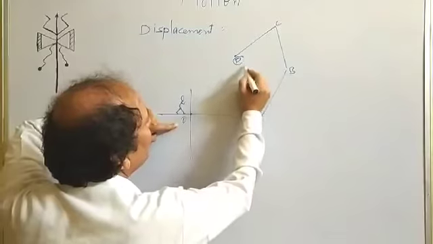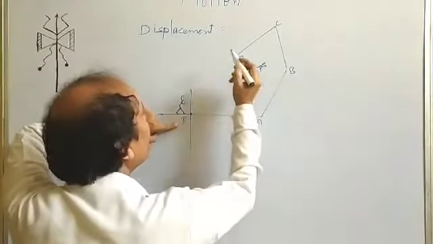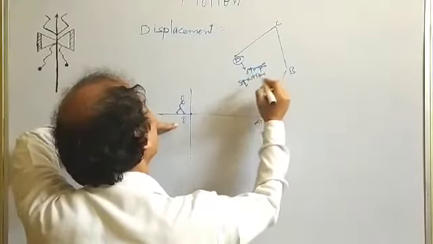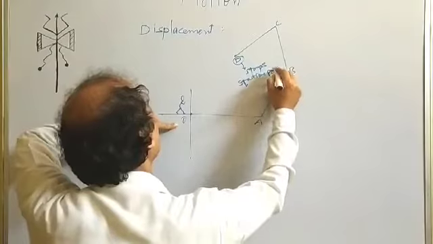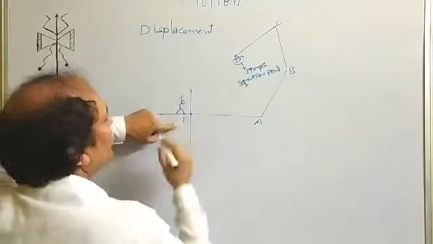On D, the body stops. So that is the station point.